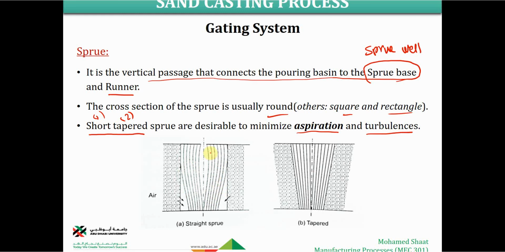With the straight sprue, you have probably already experienced this when you open the water vent at home. If you open the water vent, because of the surface tension, the water will be very, very thick at the tip of the vent.